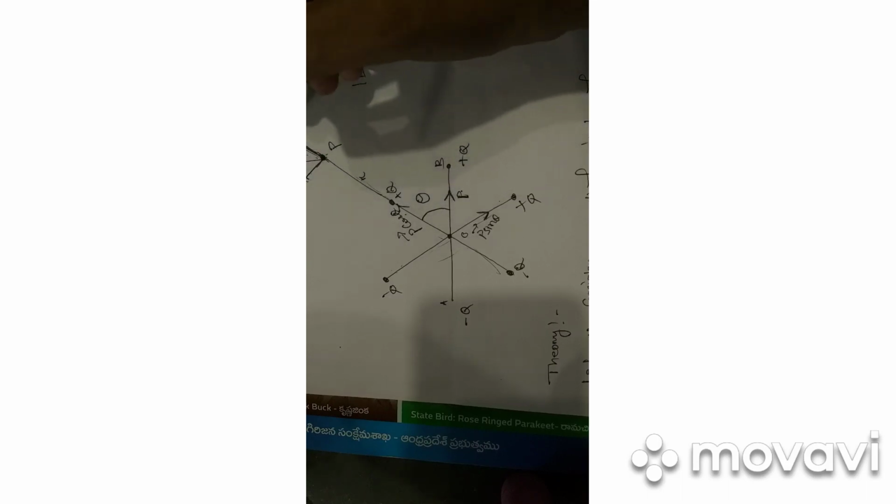Here we write the direction of the electric field intensity: tan alpha equals E2 by E1. Because the direction is represented by alpha, taking it into consideration, tan alpha is perpendicular by base.